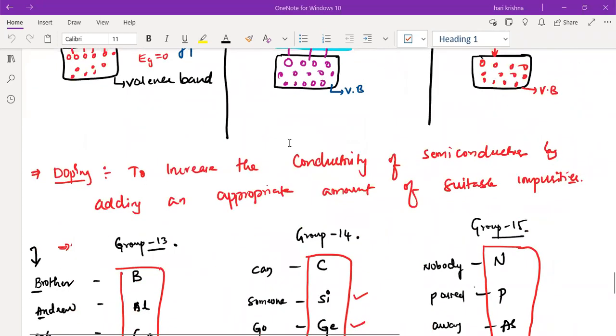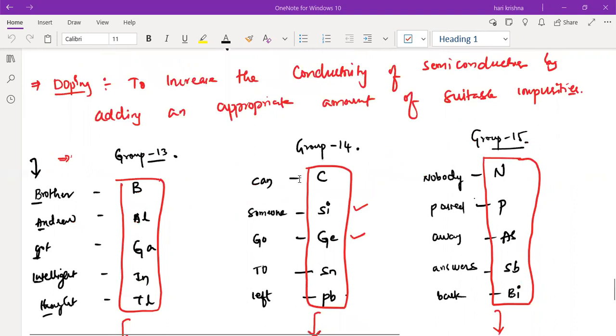Now, what is the meaning of doping? Sorry, I asked you to study the elements group-wise, right? Have you done the homework? Yes, sir. Have you done group 1 elements? What are the elements there in group 1?